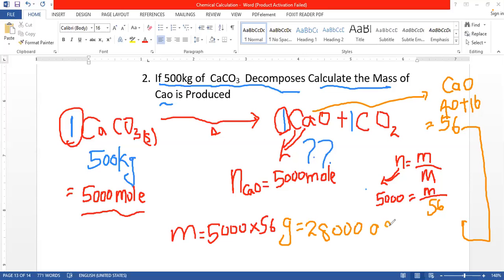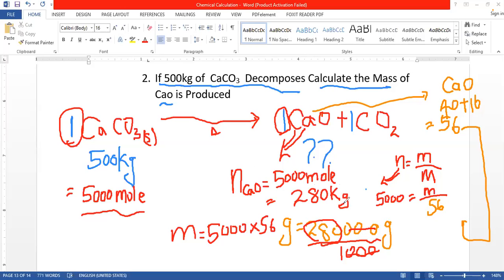If you like to give it in kilogram, you divide by 1,000, and you cut the zeros here, and the answer should be how much? 280 kilogram. 280 kilogram.